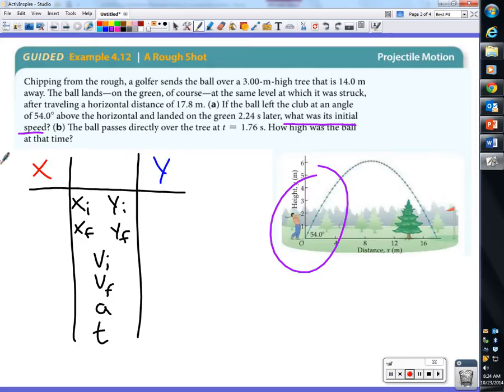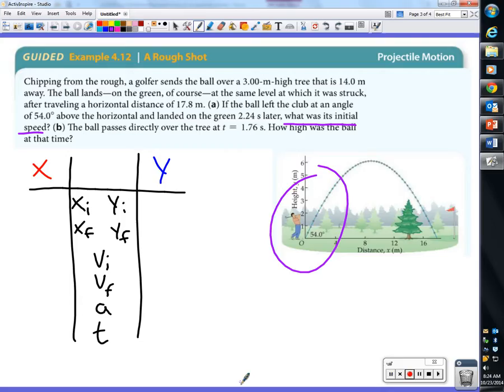But here, looking at this picture, this object, the golf ball in this case, does not start with an initial vertical velocity of 0. It's launched into the air. When it first becomes a projectile, it's actually doing 2 things. It's traveling both horizontally and vertically at the moment that gravity starts acting on it, because that's how it gets hit or launched.